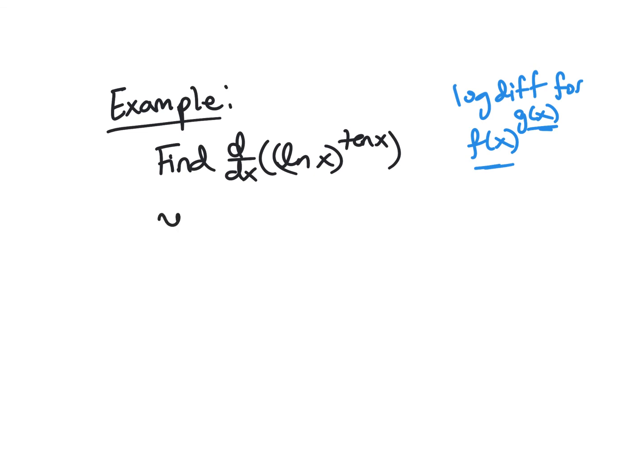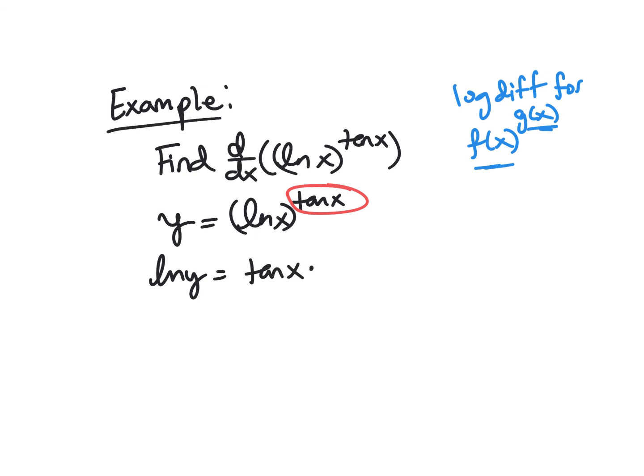So again, we can just say y is this function. And we always just want to take the natural log so that we can bring down this power, right? So the natural log of y is, I'm just going to go ahead and bring it down. So it's tangent x, bring down that power, times the natural log of that inside, the natural log of x. And again, it's going to be product rule, right?